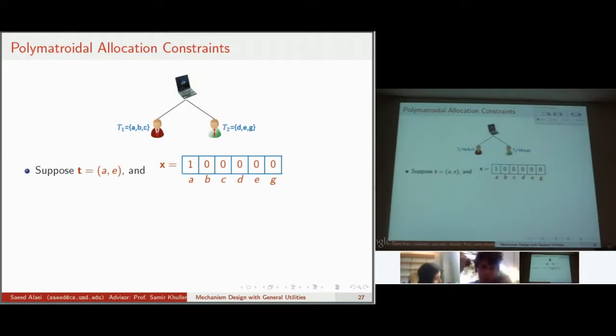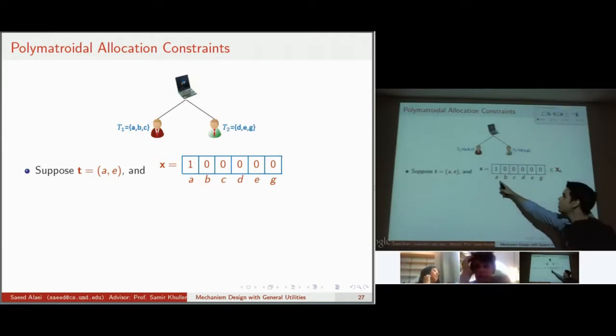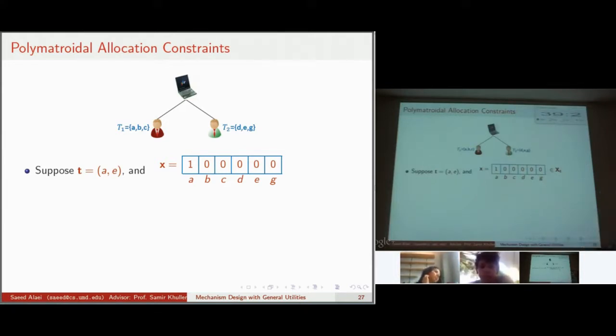So I'm going to define this formally by an example. Suppose we have 1 item and 2 agents with these types, and the possible allocations. So this is basically how your flattened allocation vector looks like. Observe that in this case, the only allocations that are possible, if that is the reported profile of types, is that A is 1 and everything else is 0, or E is 1 and everything else is 0.